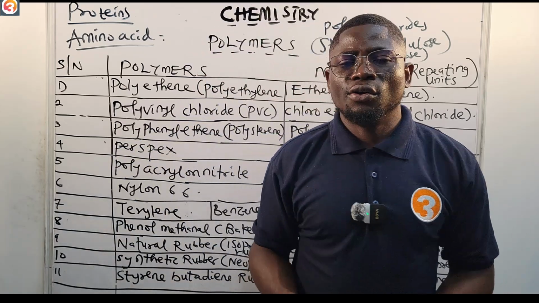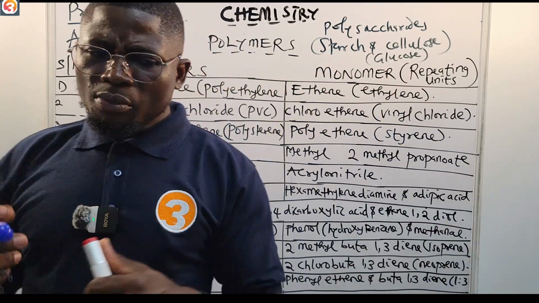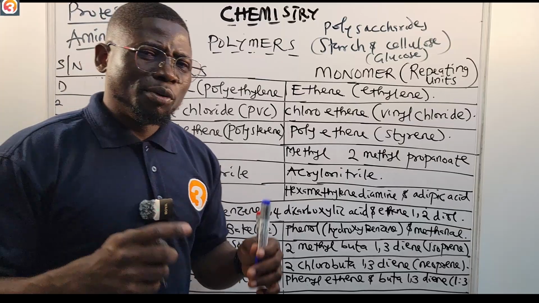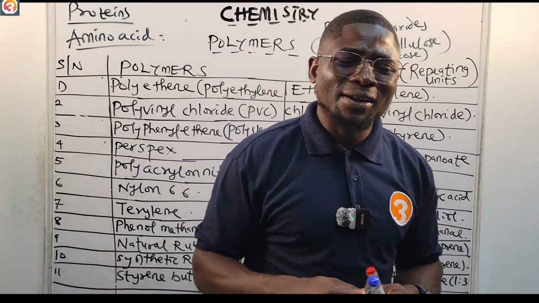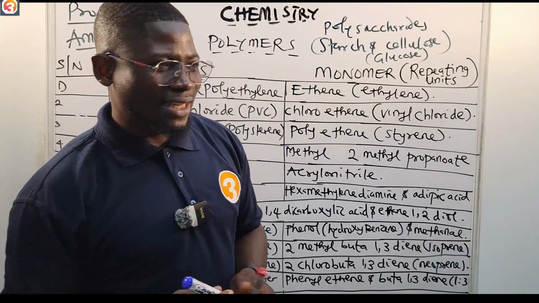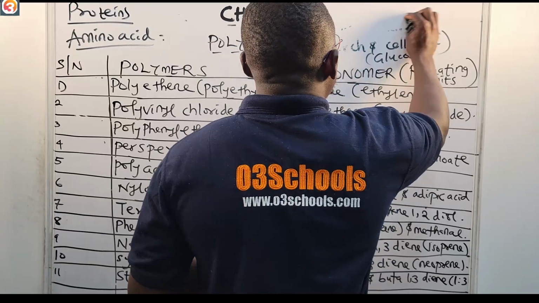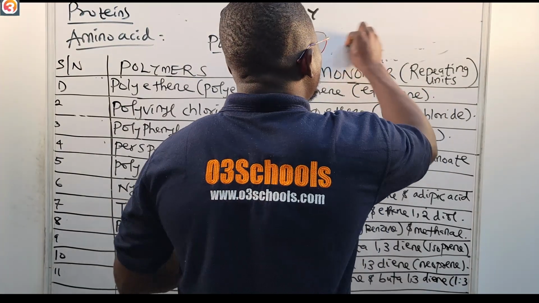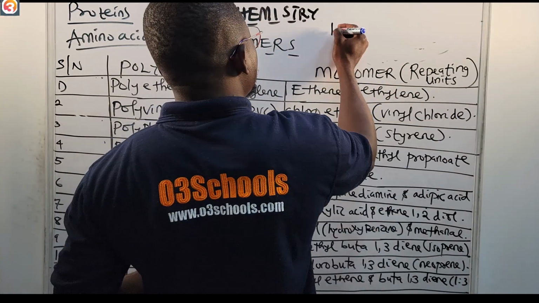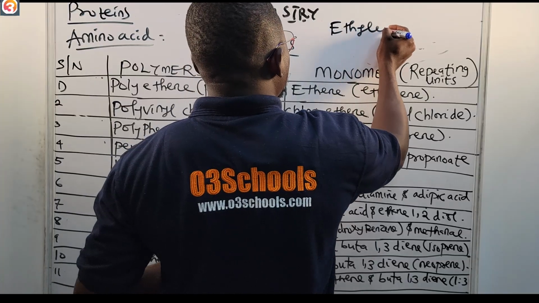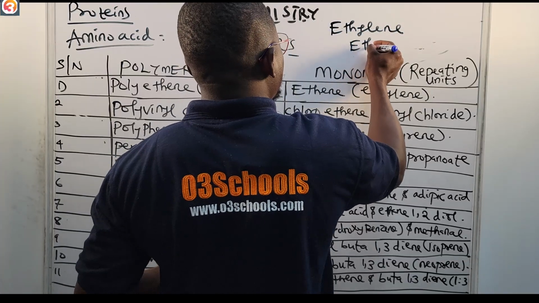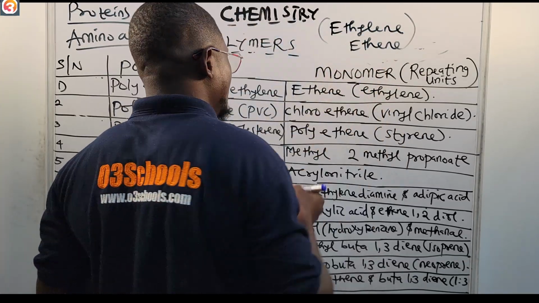But in organic chemistry, one of the monomers that we encounter very well is ethylene, or ethene, same thing as ethylene.